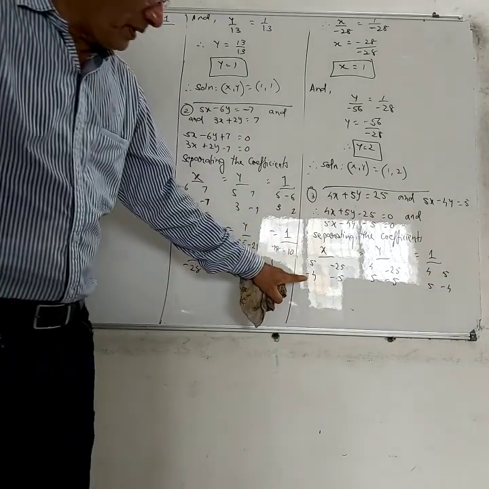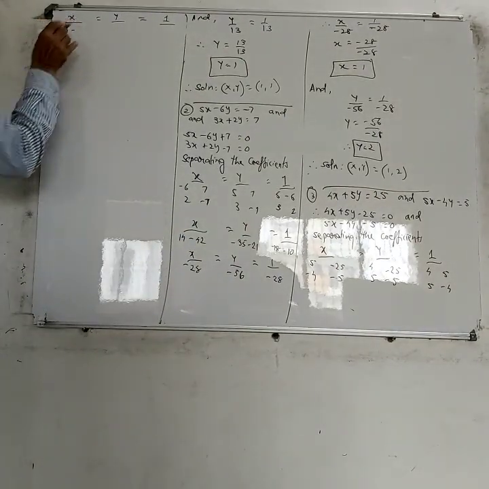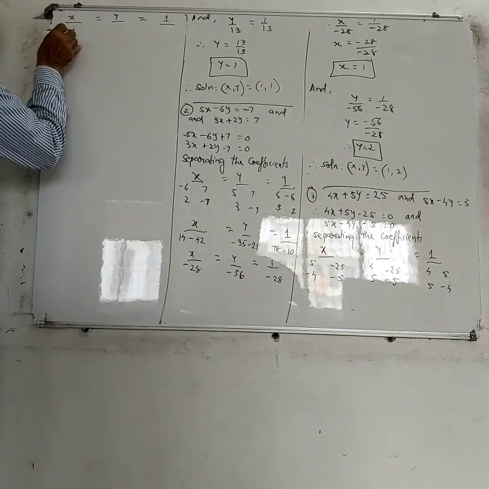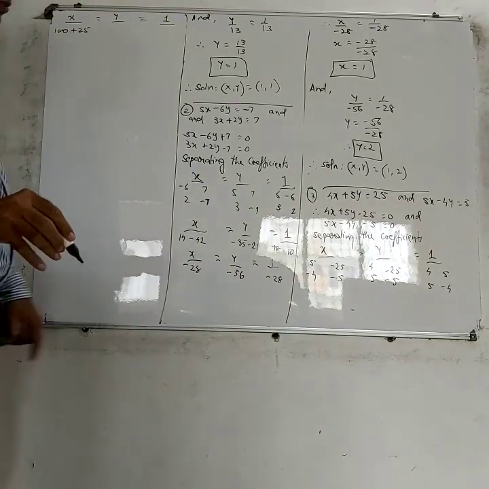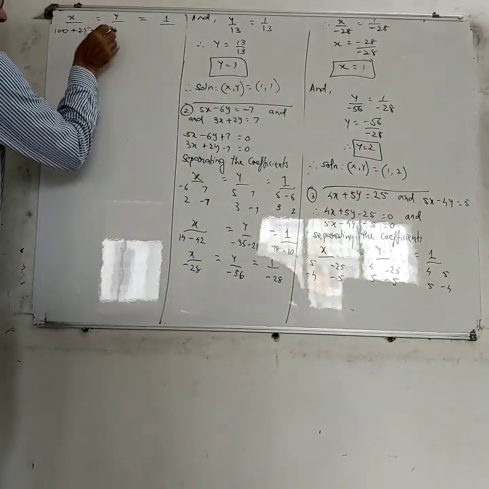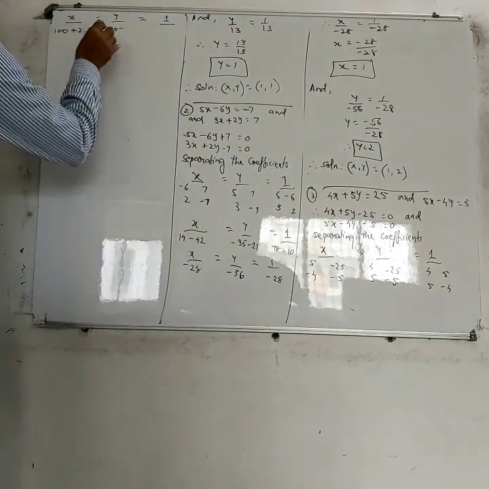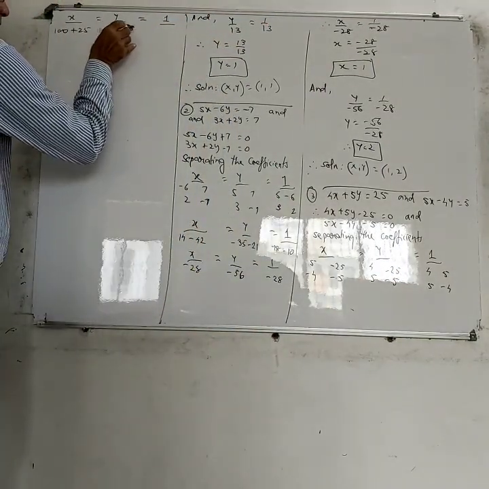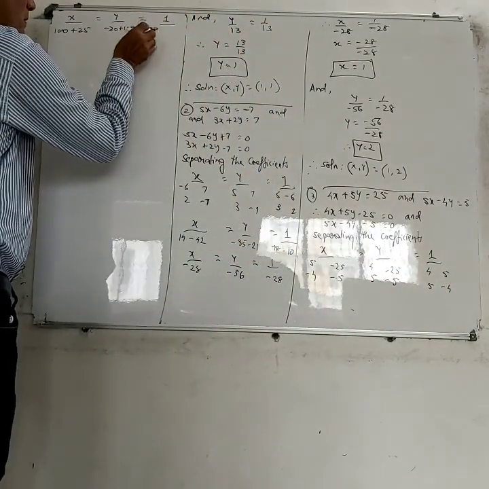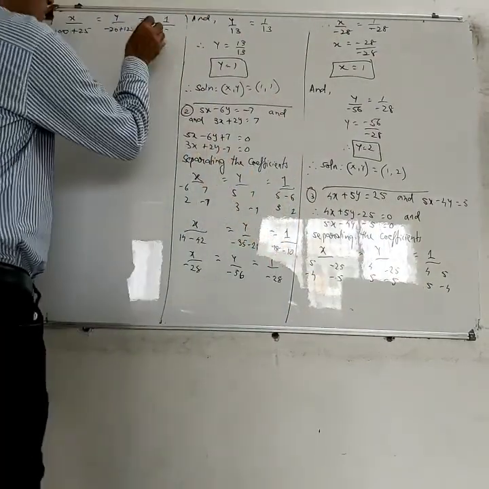Alright, so 4 into 25, 100, minus 5 5s is 25, minus 25 will become plus 25. Against y, multiply this way, 5 4s are 20, minus 20, put a minus sign, and then 5 25s are minus 125 will become plus 125, and under 1, 5 5s are 25, put a minus sign, and then 4 4s are minus 60 will become plus 60.